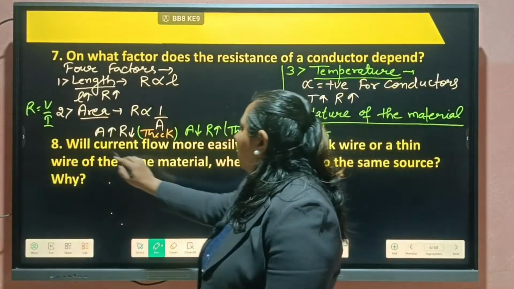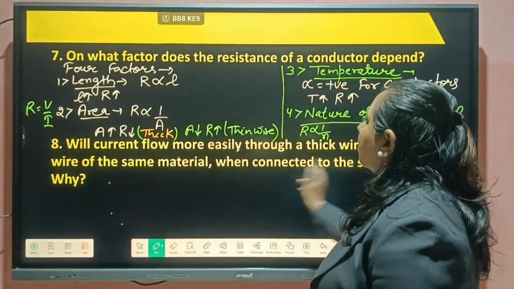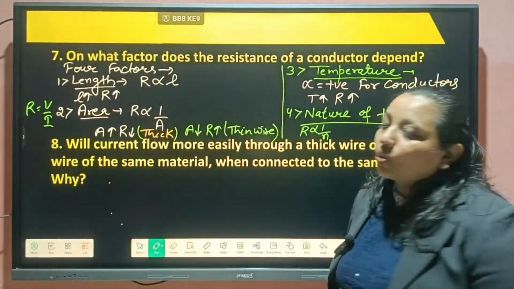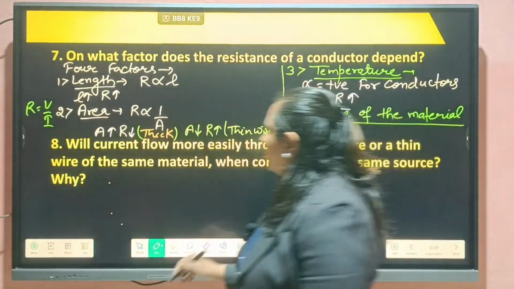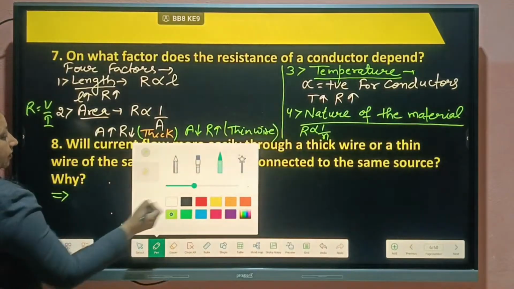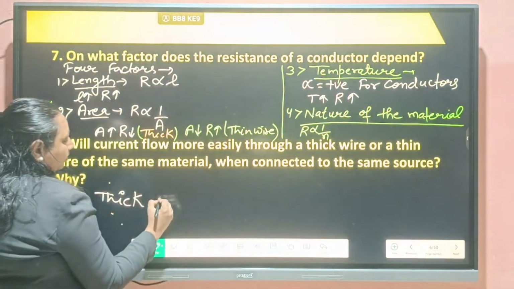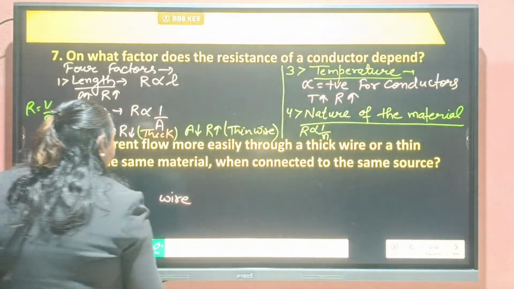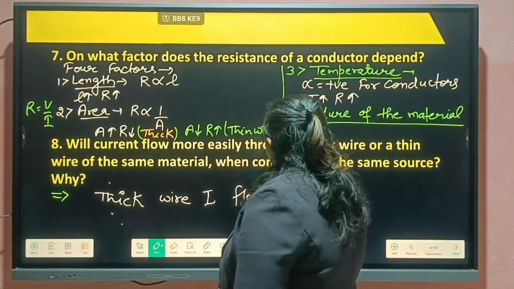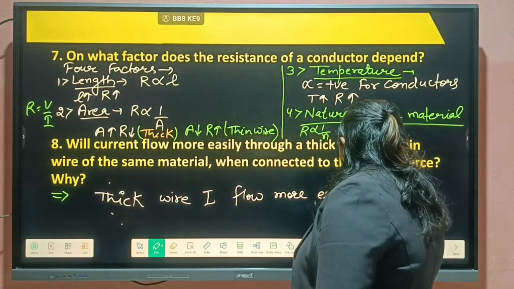Next, we talk about this question. Will the current flow more easily through a thick wire or a thin wire of the same material when connected to the same source, and why? As I told you, through the thick wire the current flows more easily.